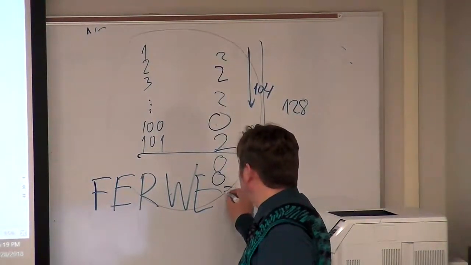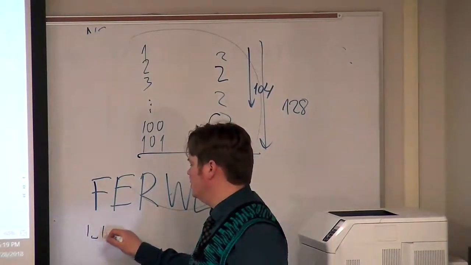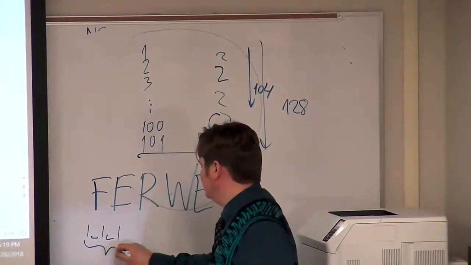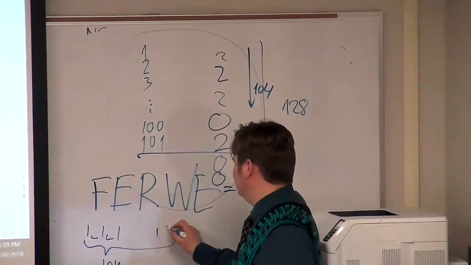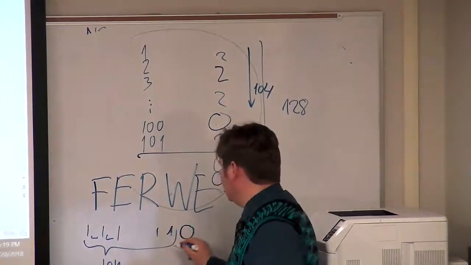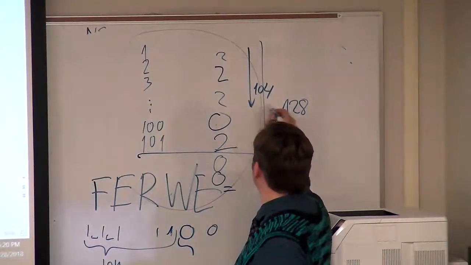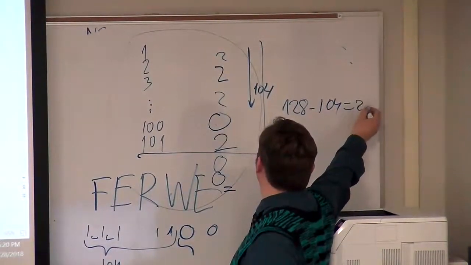So I need to write FERWE equals, and then I need to write 1 space, 1 space, 1 space, 104 times. Then I type 0. Oh, not 4. Yes, 1. And then I type 0, 0. How many times? 128 minus 104 equals 24.